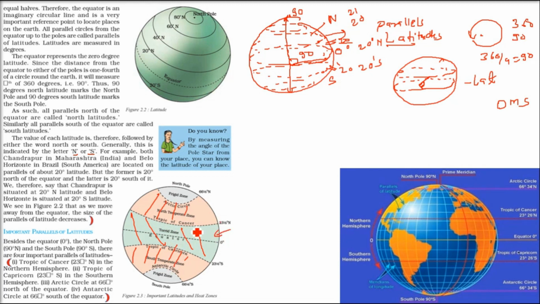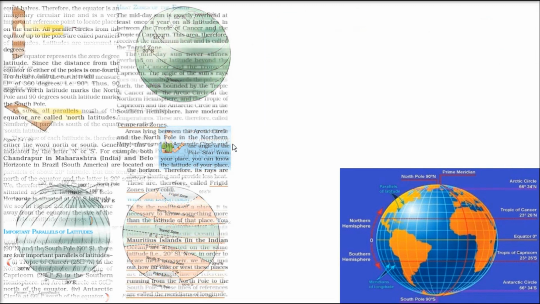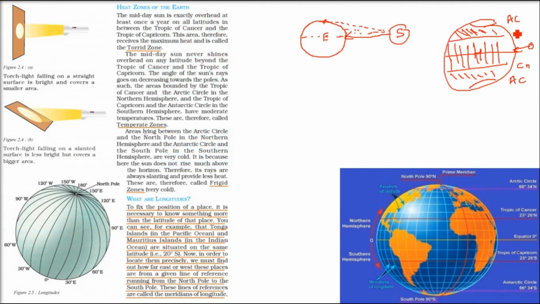So here heat is too much, torrid zone. Here hot and cold climates are there. This is temperate zone. And the topmost, very cold, always snow. The intensity of sunlight is zero almost.